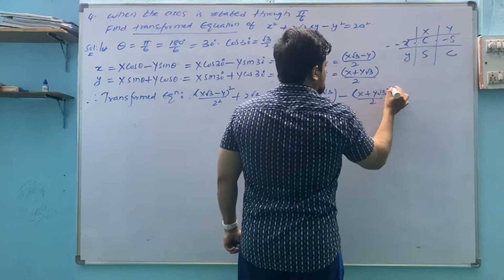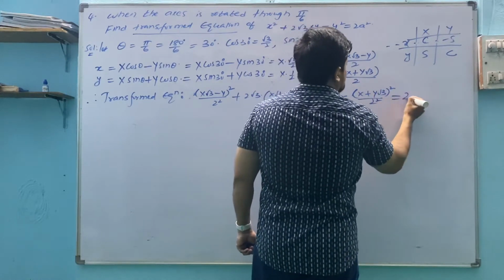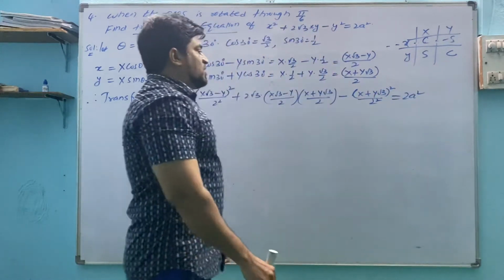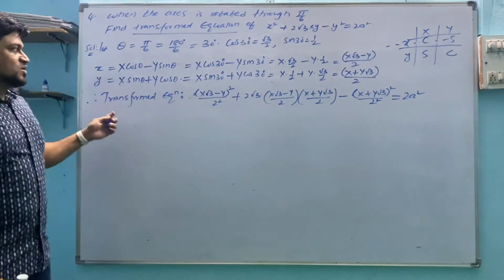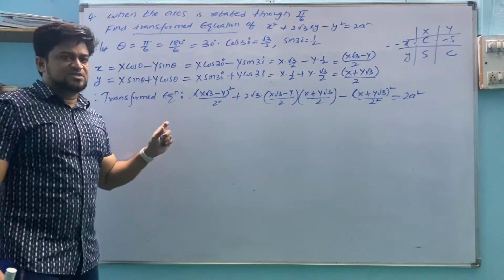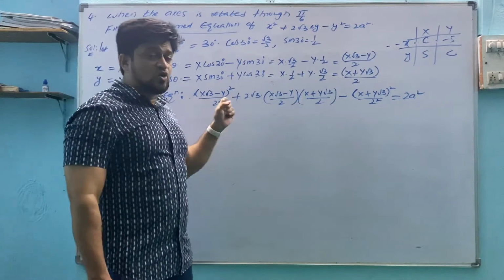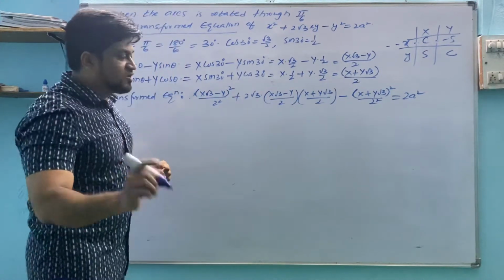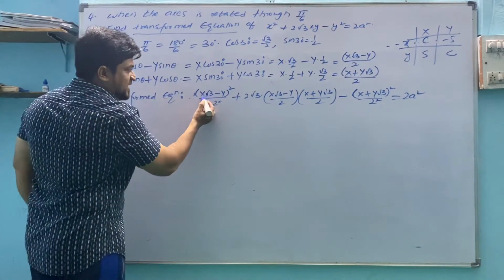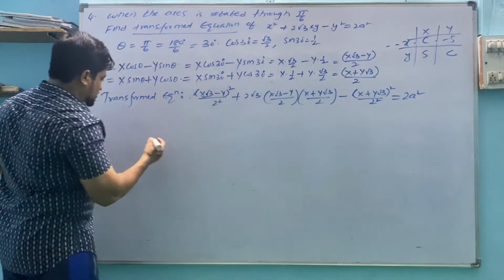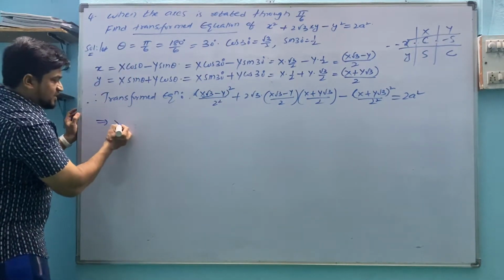So numerator is square, denominator is square, equals 2a square. So simplification is very easy. Just you need to remember from starting onwards what I am doing. Then you will get it easily. This is a. Both the terms is a minus b whole square. What I am doing? Check it out. A square.